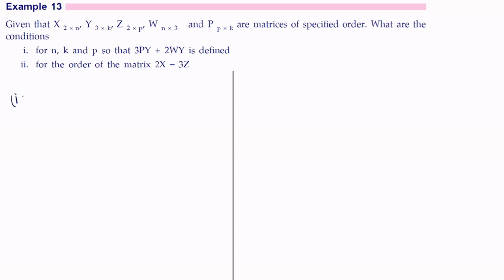The first one is that this 3PY should be defined. So for PY to be defined, the number of columns in P should be equal to the number of rows of Y. So here we need to have k equal to 3.